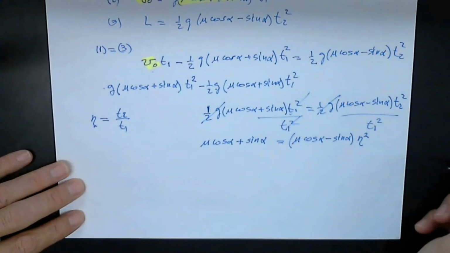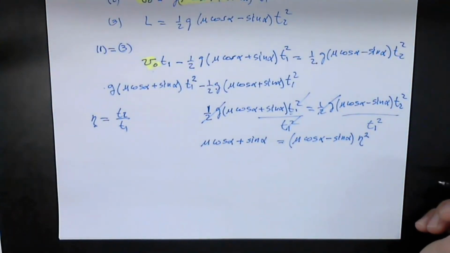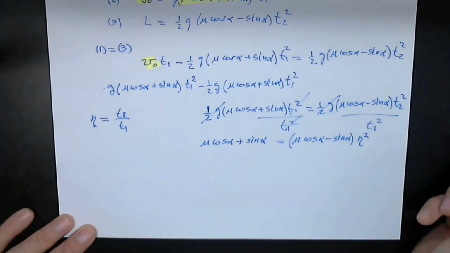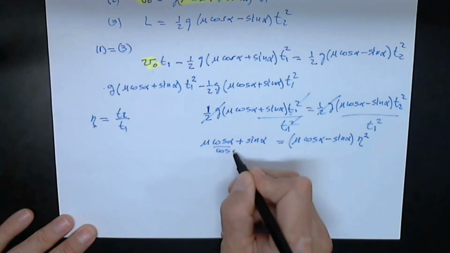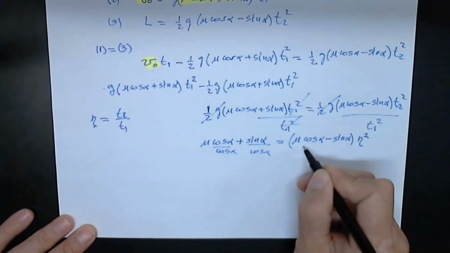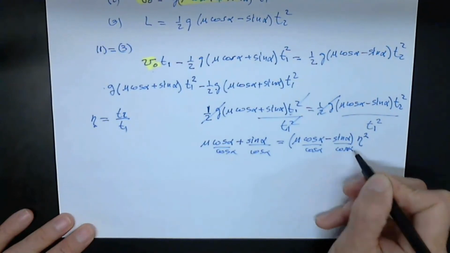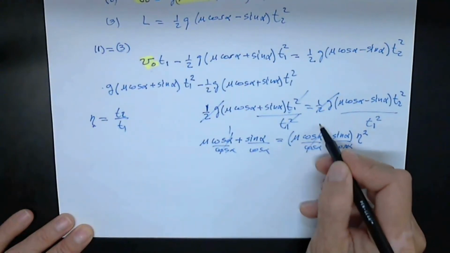I'm going to divide by cosine. So I end up with tangent.